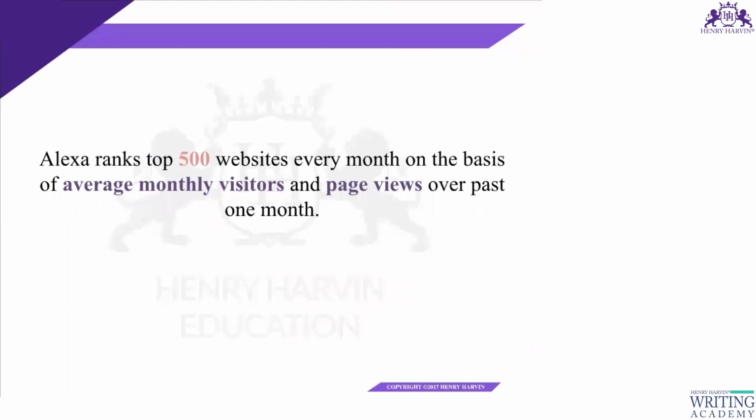Alexa ranks the top 500 websites every month on the basis of the average monthly visitors and the page views. Now what do you mean by average monthly visitors? It means the number of visitors. More visitors means more traffic, and more traffic means a higher page rank, right? So it looks at visitors and page views to understand which website is more popular, and the website with more popularity and unique visitors gets the higher page rank.